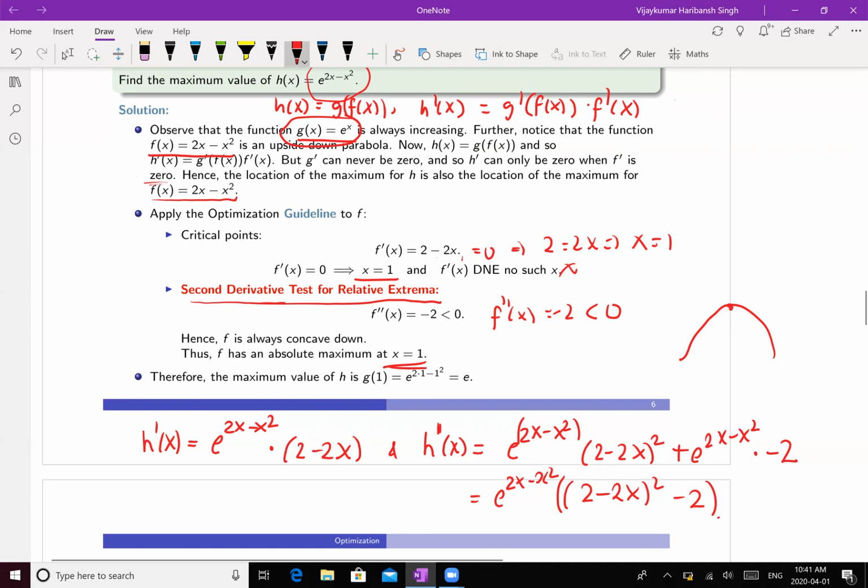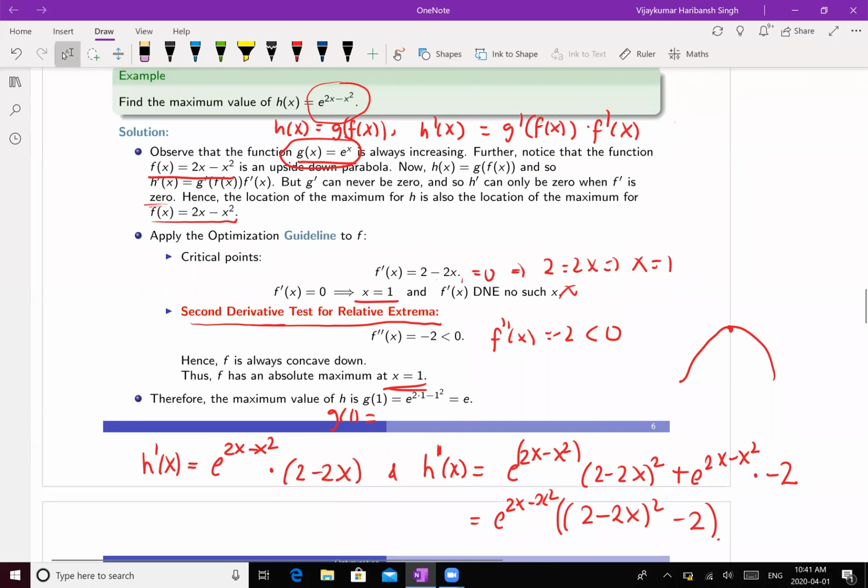So therefore, the maximum value of h is g of f of 1, because after all, you're finding the function here. So this is going to be h of 1, which is e to the power 2 minus 1, which is going to be e. So that is the maximum value of your function.